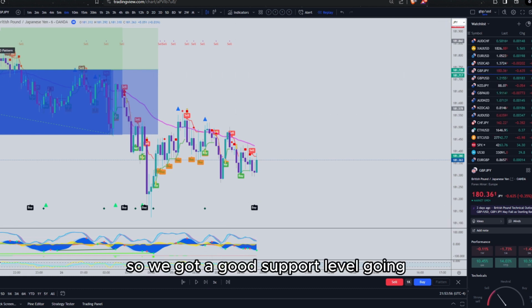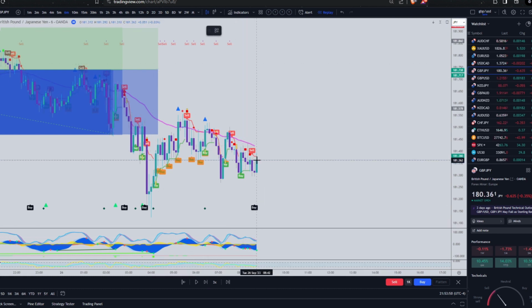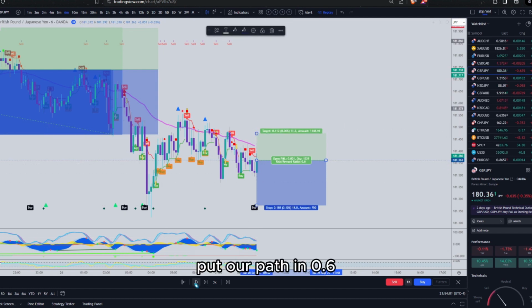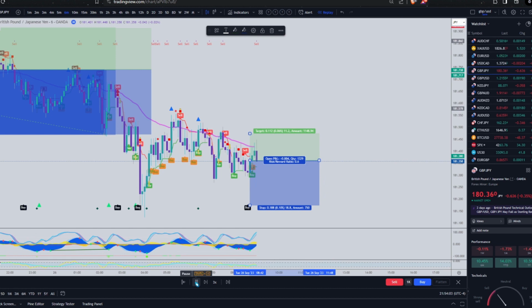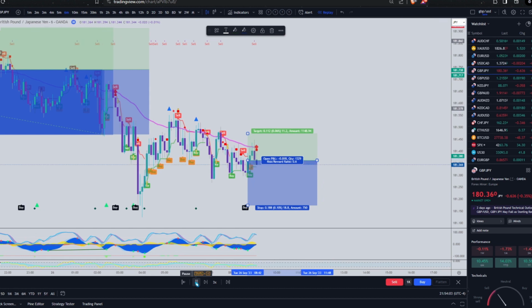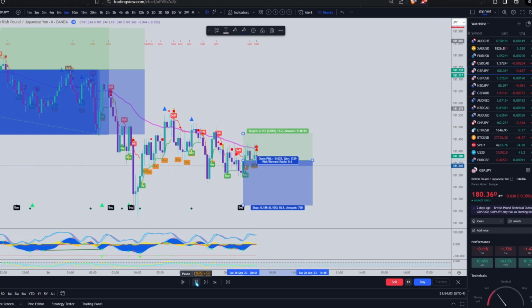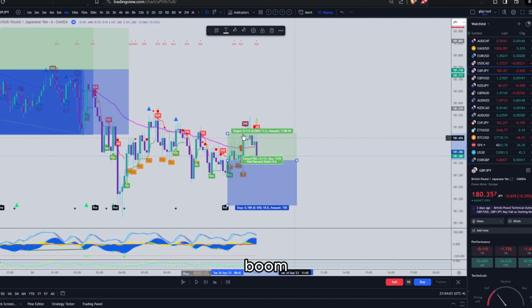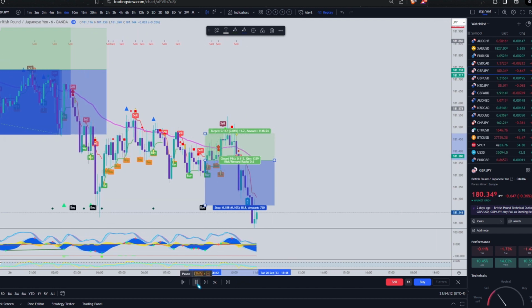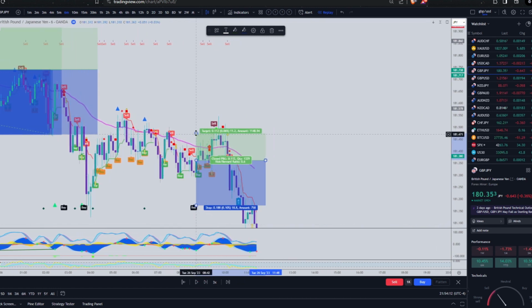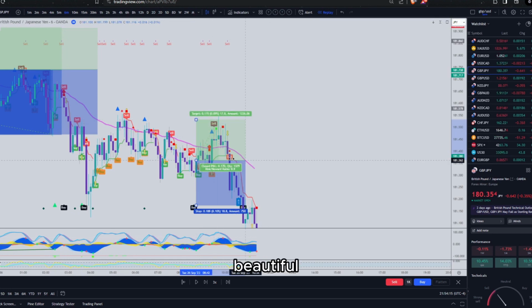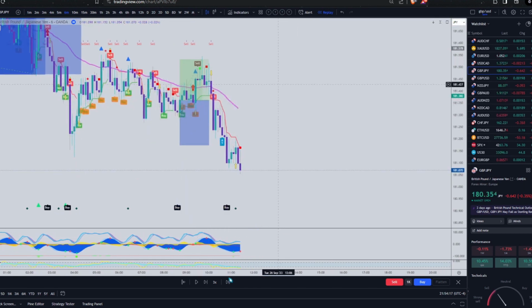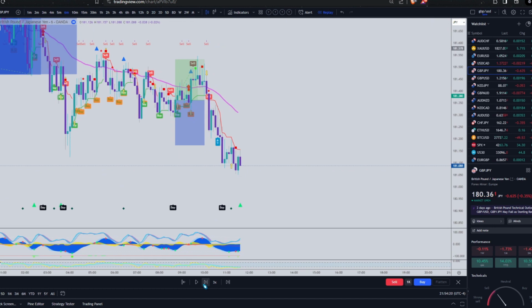So we got a good support level going. Put our pattern 0.6. Boom. Beautiful. Making new lows.